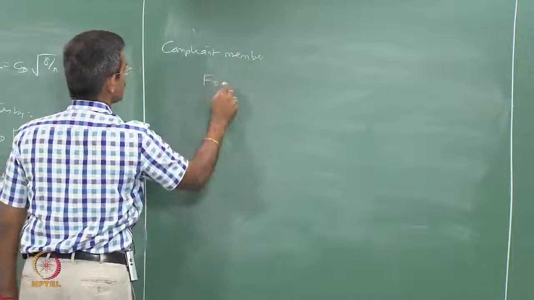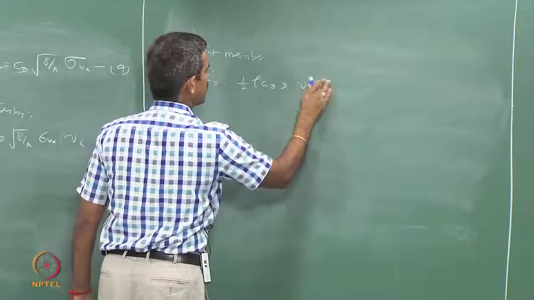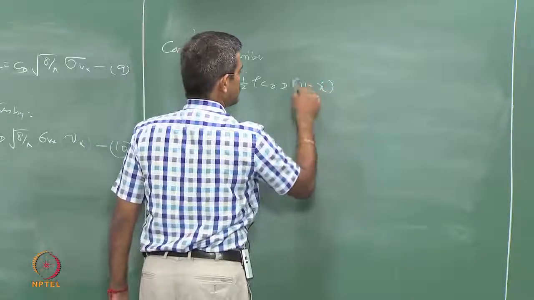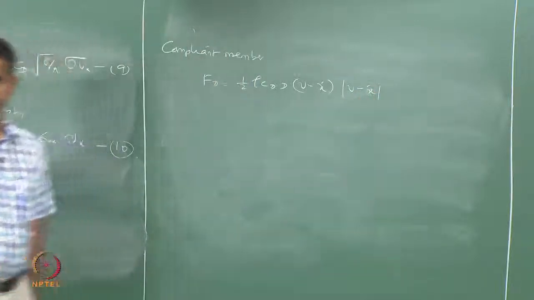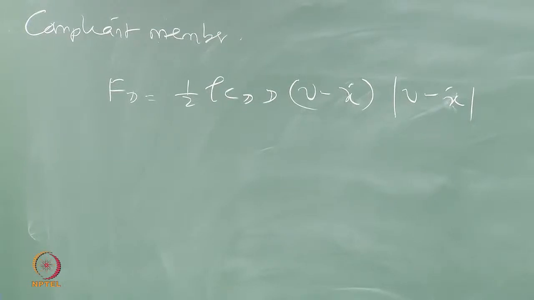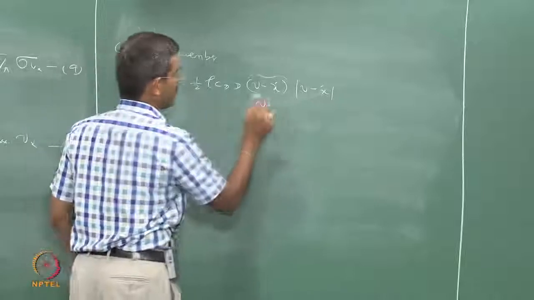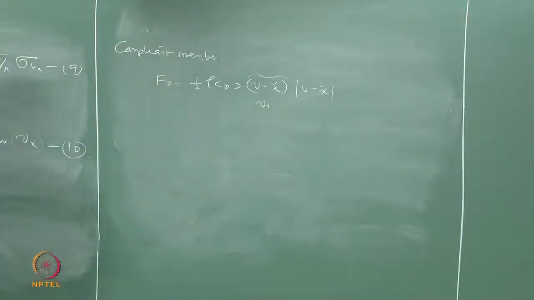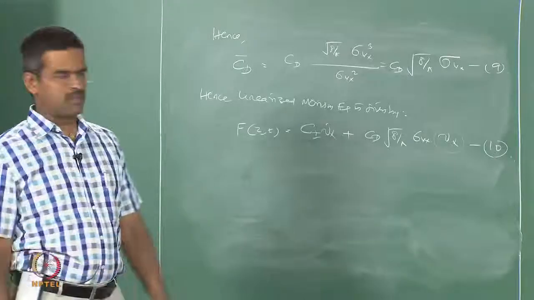Let us look at the drag force alone, which is half rho CD D (V minus x dot) mod (V minus x dot), where x dot is the velocity of the structure or the member and V is the velocity of the water particle in the horizontal direction. And this term can also be called the relative velocity, VR, because the system is also now compliant, the member is also now moving, therefore I have to capture a relative velocity term.